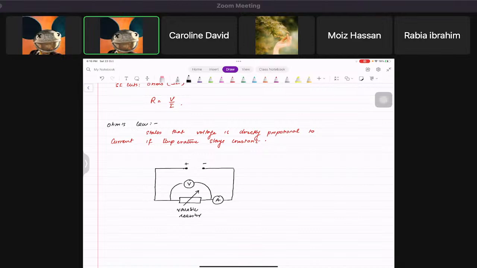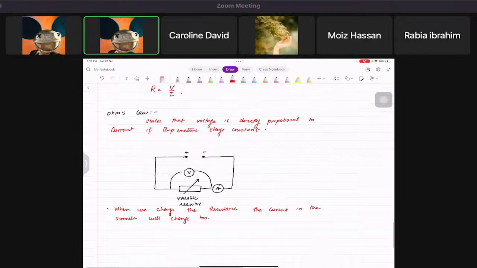Whenever we change the resistance, the current in the ammeter will change too.